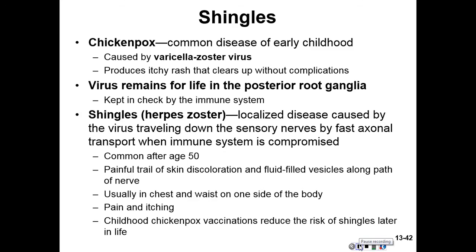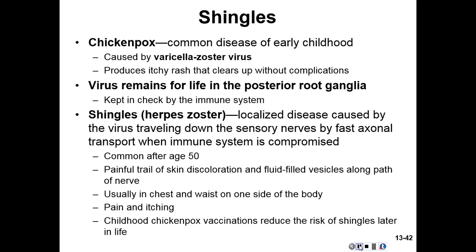Okay, again, we look at the shingles virus, or the herpes zoster virus. This is a localized disease caused by a virus that follows the pathway of the body's sensory nerves. That's how it can remain dormant. So again, it travels the fast axonal transport that we talked about last chapter.